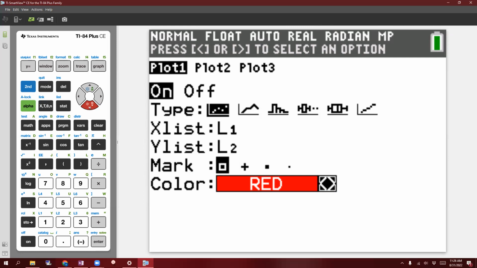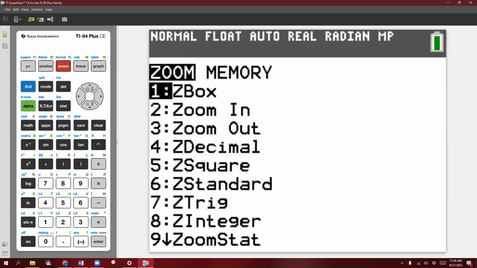Next, once you've set this up, we're going to go to Zoom. And number 9, it is Zoom Stat. What this does is it goes into the lists that you've used, and based off the lists you've used, it creates a window that will allow you to see the points you've picked. So if you just do your regular, so I'm going to go to Zoom Standard.